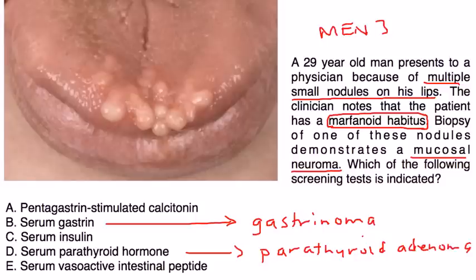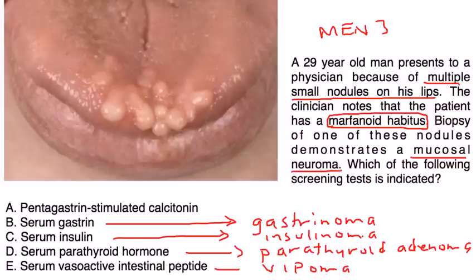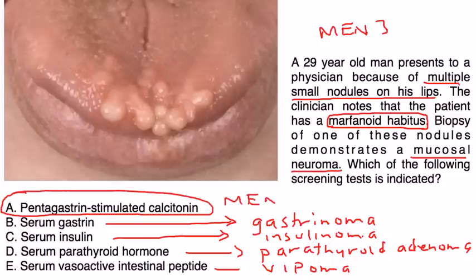To check for it, this is the VIP-oma that can happen, and this one is a very straightforward way to check insulinoma. All of these are part of either MEN1 or MEN2, and by default that actually leaves MEN3, which is choice A. But what really gives it away in this particular vignette is the mucosal neuromas, which is really only part of MEN3.